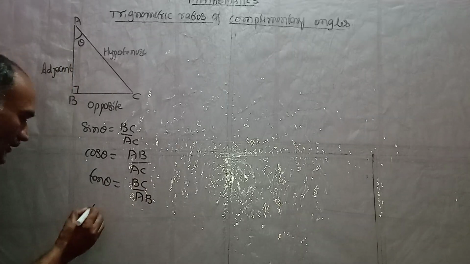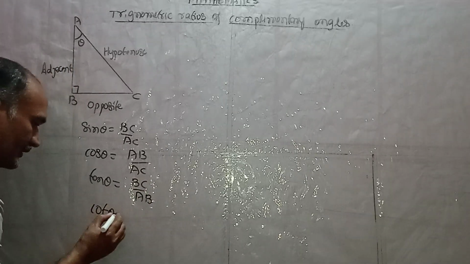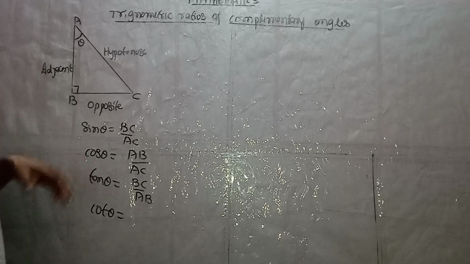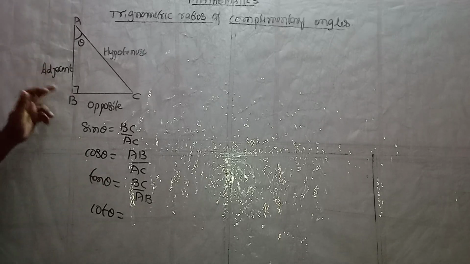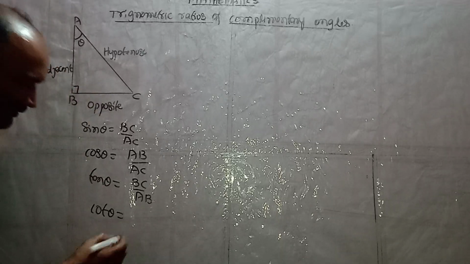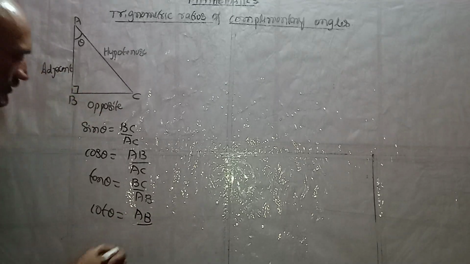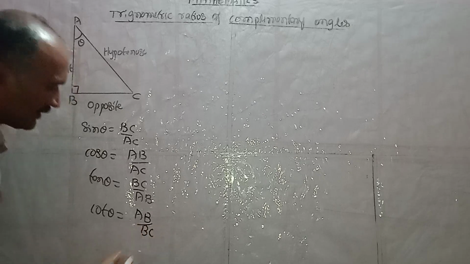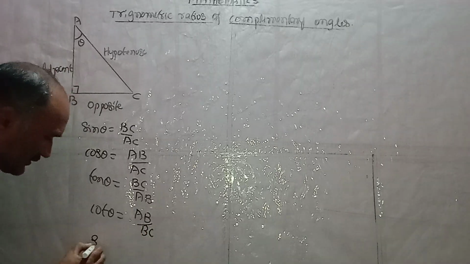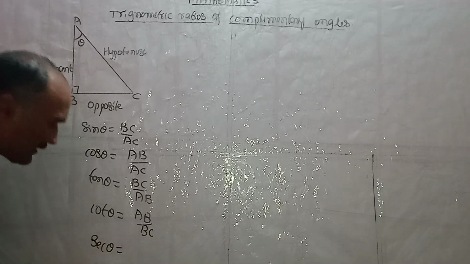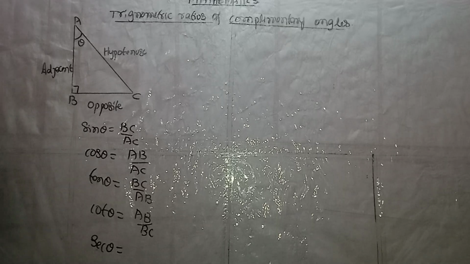Like that, cot theta is the reciprocal of tan theta. So cot theta I can write as adjacent side divided by opposite side, that is AB divided by BC. Like that, secant theta is the reciprocal of cos theta, that is hypotenuse by adjacent side.